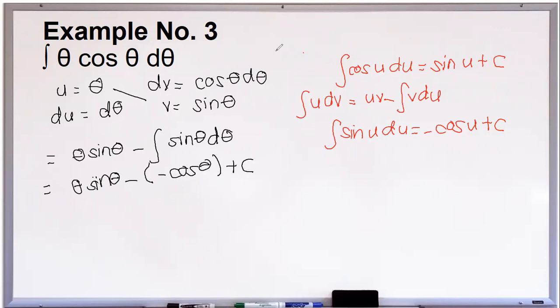Okay, pero syempre, dahil gusto natin ang ating mga functions ay simplified, kailangan mawala yung grouping symbol, i-distribute natin si negative sa term sa parenthesis. So, magiging ganito na ang sagot niya. Theta sine of theta. Negative ng negative, pag minultiply mo siya, that becomes positive.